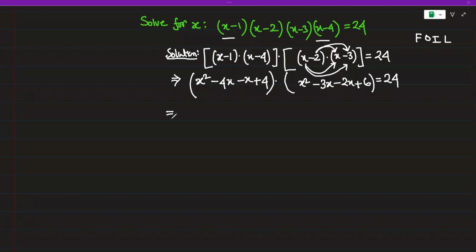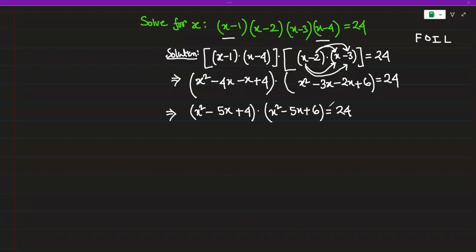Now, if you add the like terms, we get x squared minus 4x minus x, which is x squared minus 5x plus 4, times x squared minus 5x plus 6, equal 24.